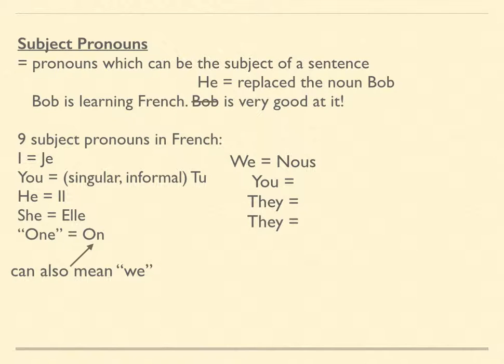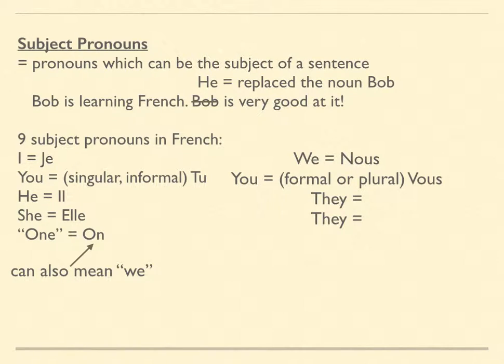Our second version of you, hopefully you've already figured out what it is, vous. Vous is both formal or plural. So we've seen it before in the formal sense, whenever you're speaking to someone older than you to whom you need to show respect and to whom you aren't particularly close.